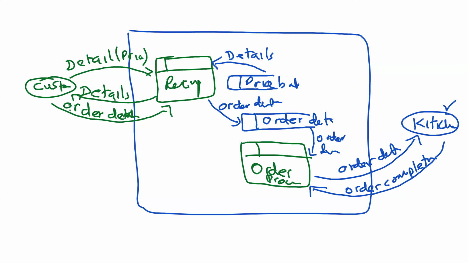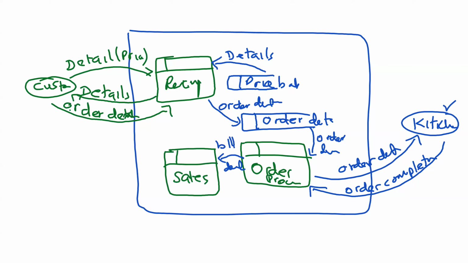Then there is another functionality. Let's take cash handling, or sales. Sales and the order processing team will send data, bill detail.